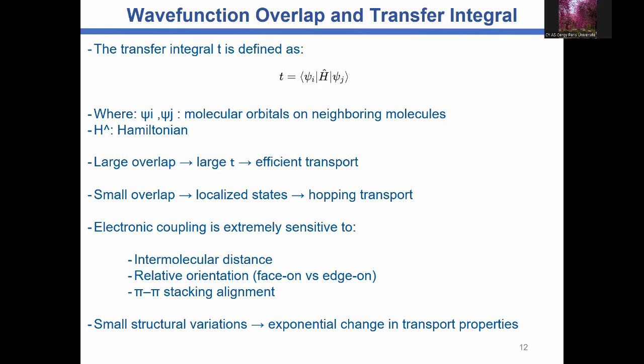So we have some free orbital here, and then depending on their energy and the distance, of course, the electron can hop between the states. So the transport in organics is not just through the overlapping of the states, but also through the hopping between electronic structures.